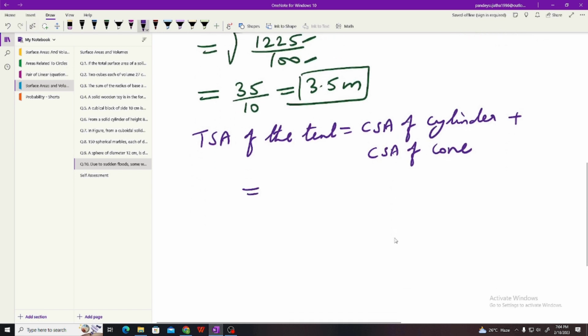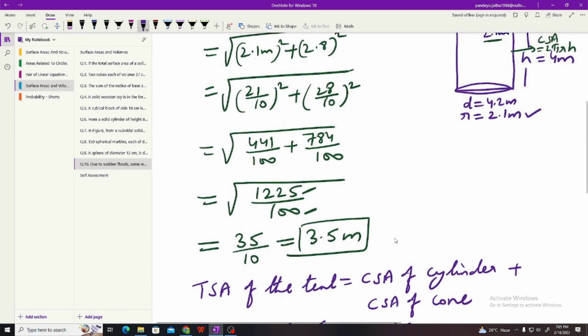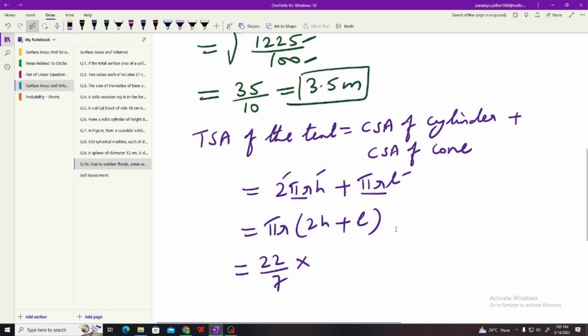So curved surface area of cylinder is 2 pi r h and curved surface area of cone is pi r L. Here we observe that in both the terms pi r is common. So let's take pi r common out. We are left with 2 into h in the first term and in the second term we are left with L. Now put the values. The value of pi is 22 upon 7 and radius of the tent is 2.1 meter.